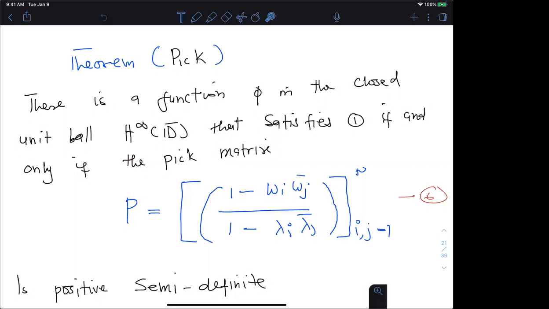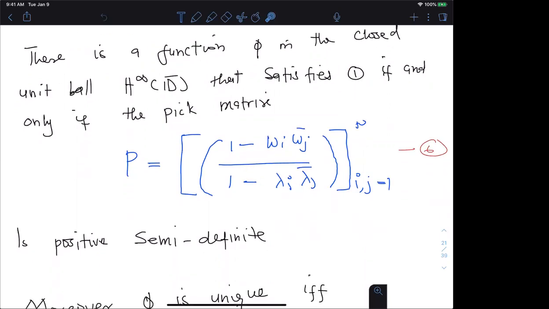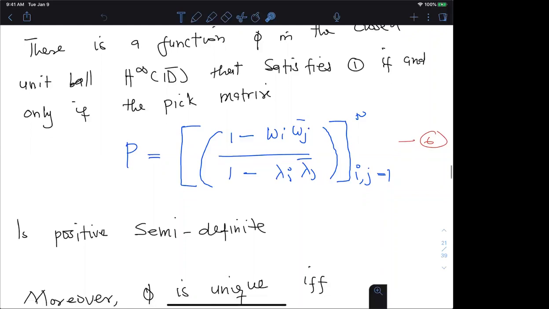There is such a function if and only if the Pick matrix associated with that problem is positive semi-definite. Now the Pick matrix is this matrix definition involving the data in the problem. The lambda i and omega i here are all points from the problem statement itself.